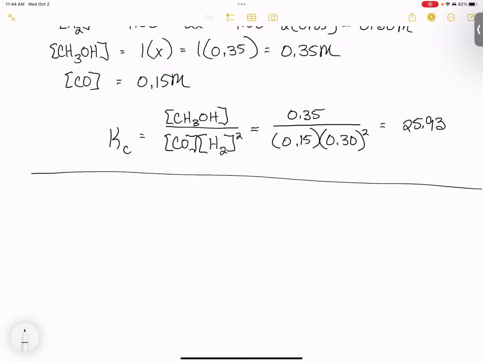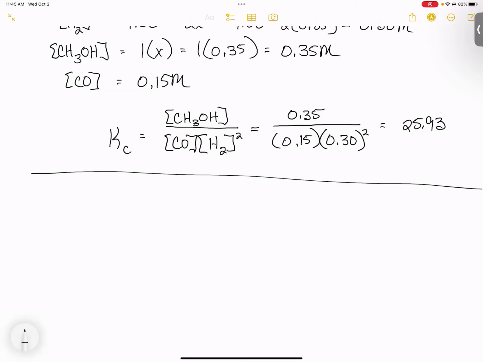So thus far today, we have looked at calculating an equilibrium constant when we manipulate the equation. If we reverse the equation, the equilibrium constant is 1 over the original equilibrium constant. If we multiply the equation by some multiplicative, then the new equilibrium constant is equal to the original equilibrium constant raised to that multiplicative.